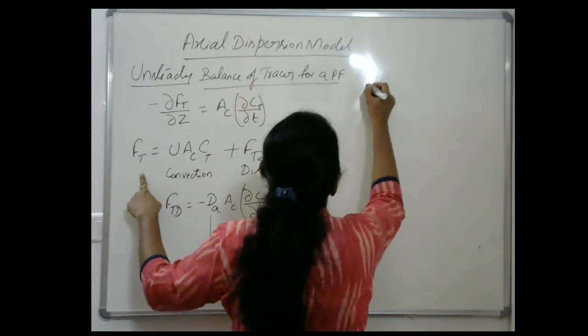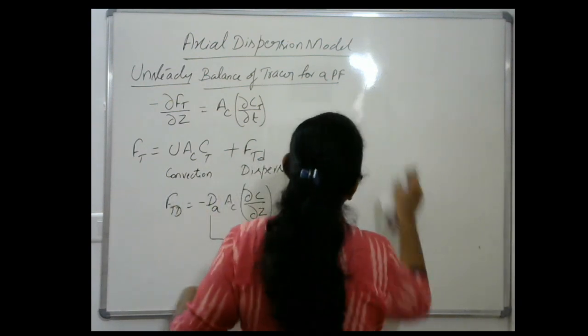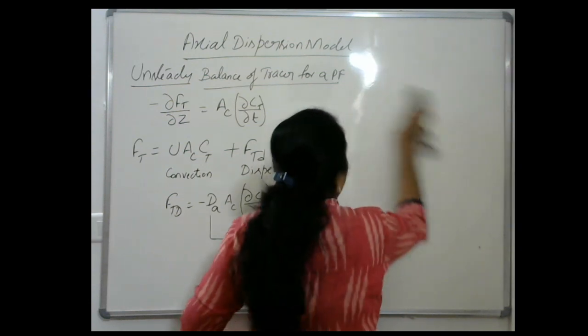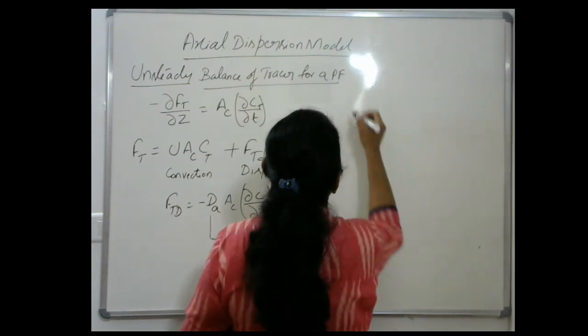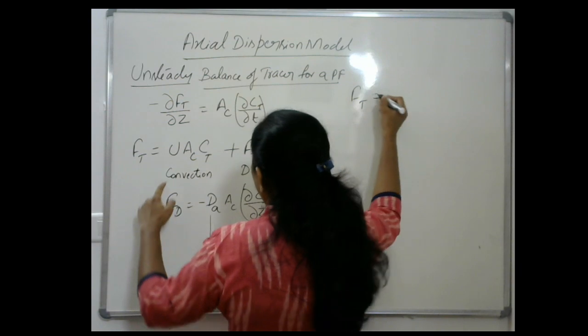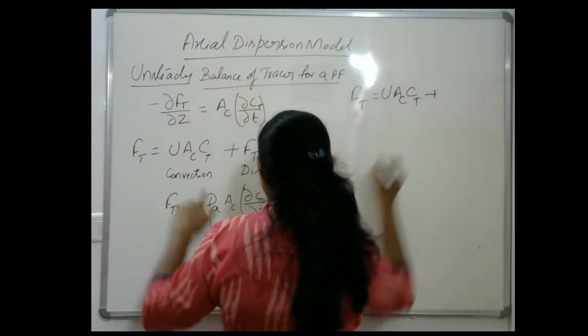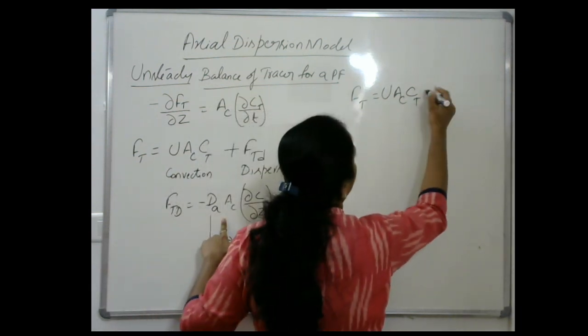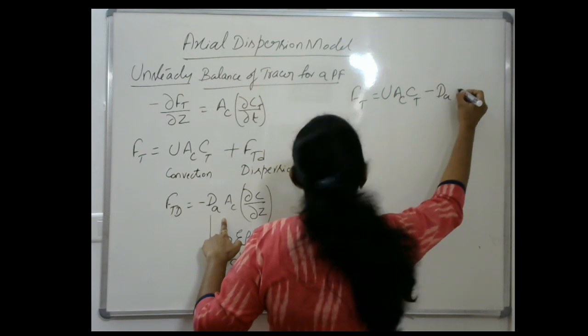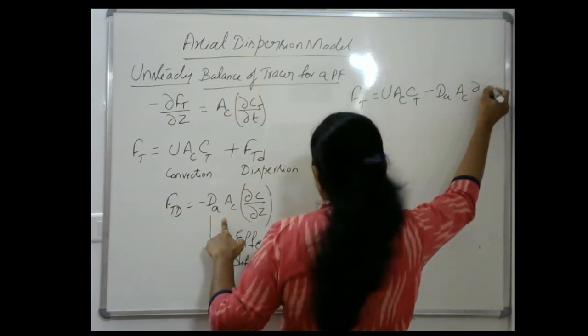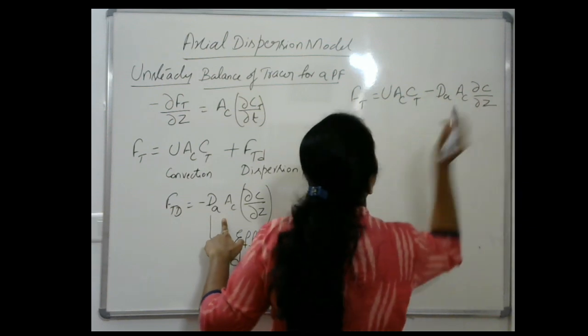This FT will now be U AC CT plus FTD. FTD is minus dA AC dou C by dou Z.